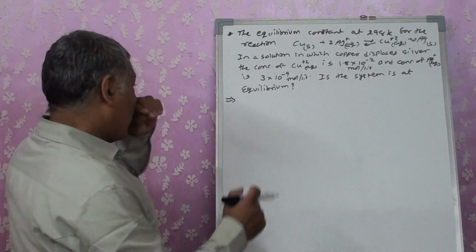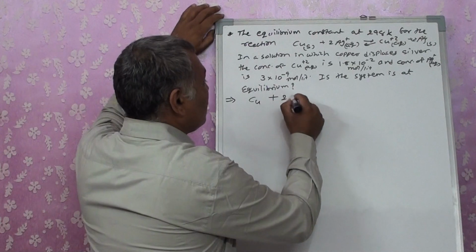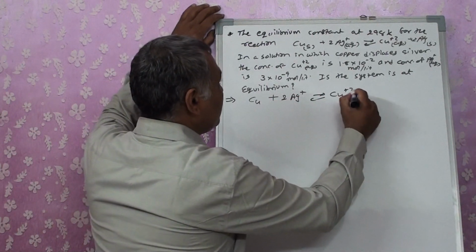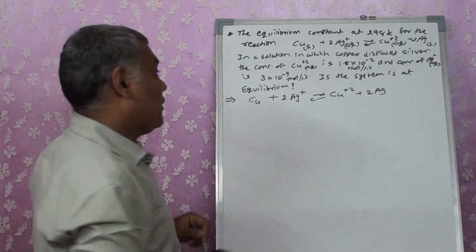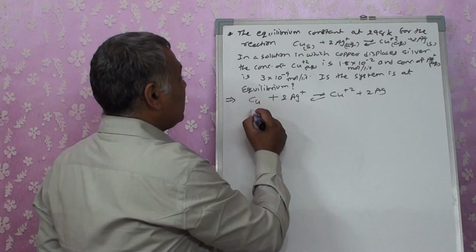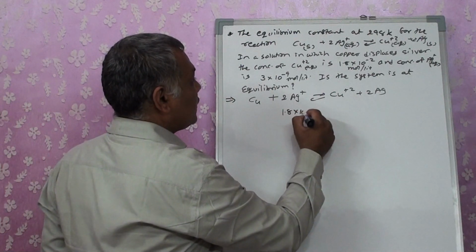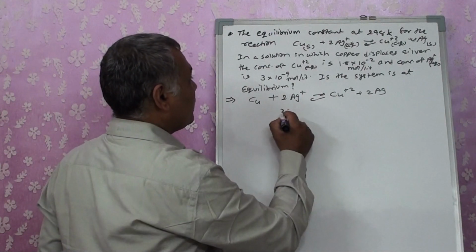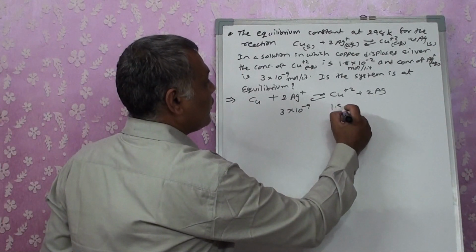We have Cu plus 2Ag+ converting into Cu2+ plus 2Ag, and the concentrations are 3 into 10 raised to minus 9 for Ag+ and 1.8 into 10 raised to minus 2 for Cu2+.